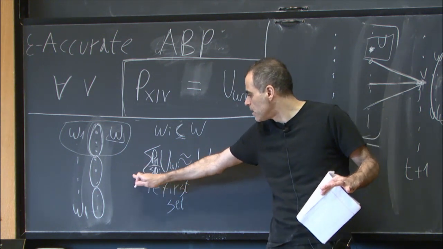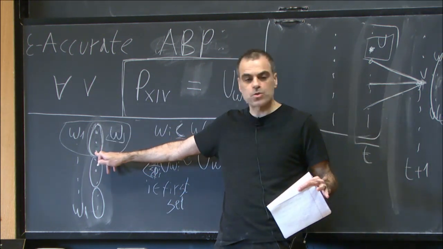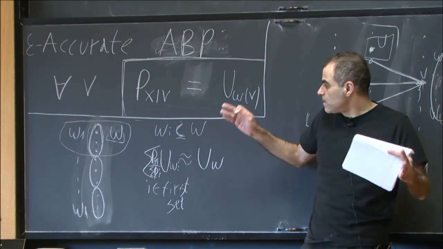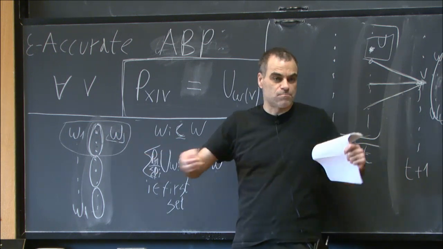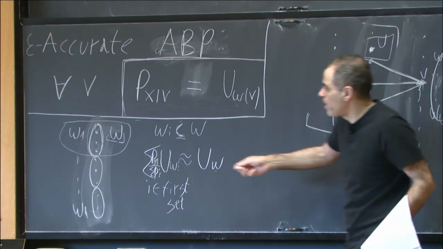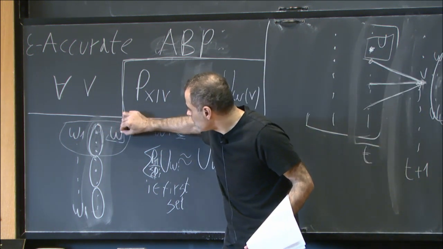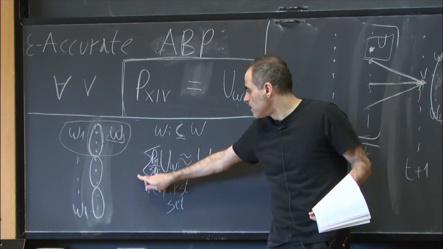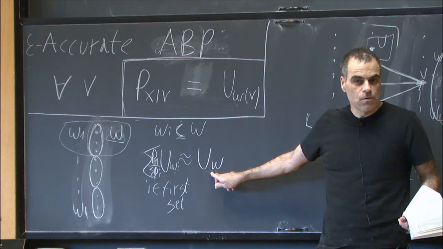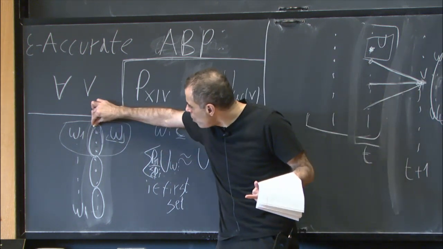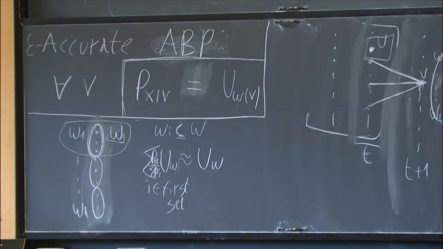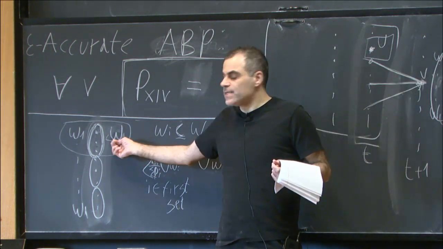So this is just the weighted sum that corresponds to this set, and this should be really close to UW. And if you find such a set of Wi's and such a W such that this weighted linear combination is close to UW, you can just take all vertices in this set and replace them by one vertex that is labeled by W.